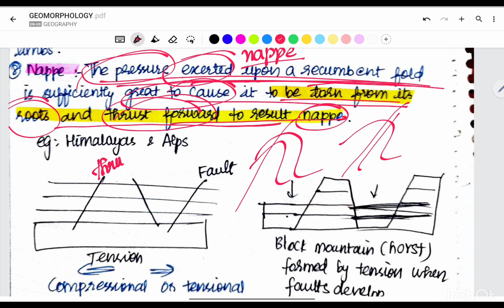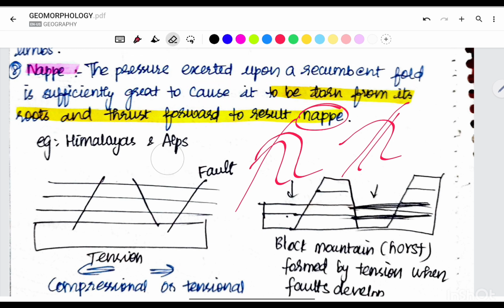It is coming forward, and the result is what we call a nappe.